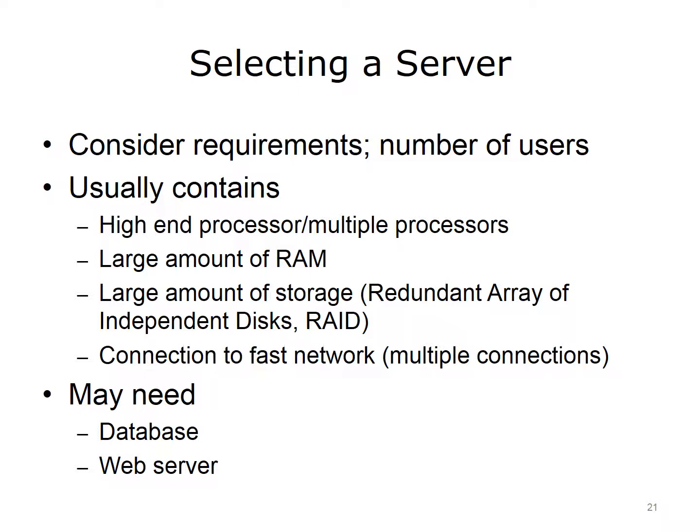This is a way to ensure data is not lost in case of disk failure. Also, the server needs to have connections to a fast network and have multiple instances of these connections. Depending on your applications, you may also need to install a database and/or web server on your server.